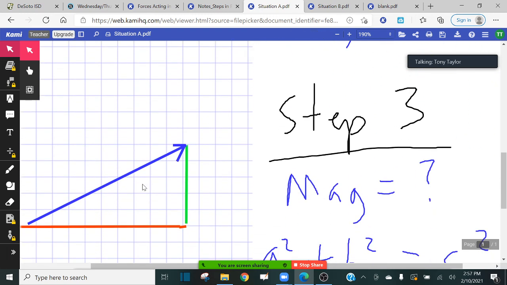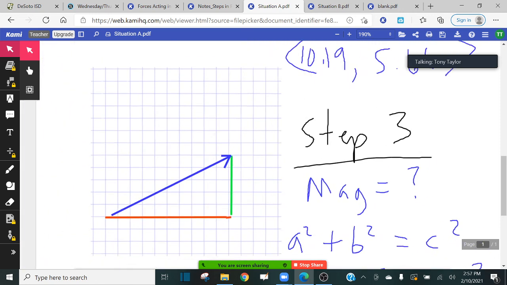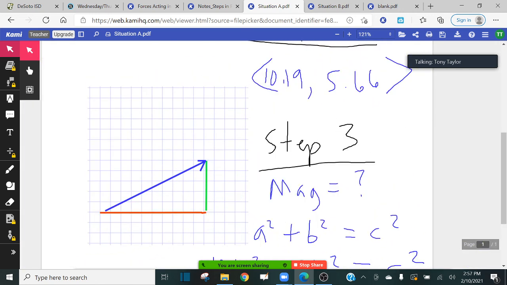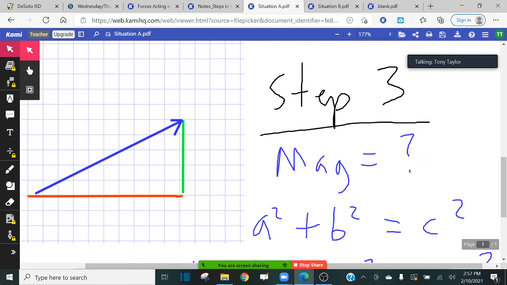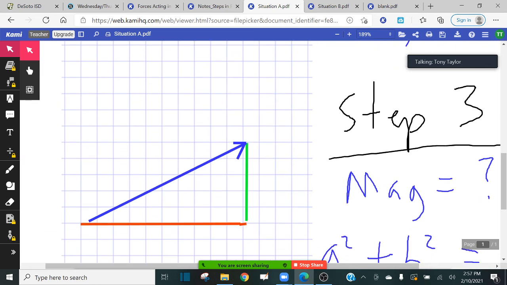Does that make sense? That arrow tells me how the object is going to accelerate, because we're combining both these vectors to get a single force vector that looks like this. Does that make sense, guys? And again, you don't have to draw that. I'm just explaining it to you.